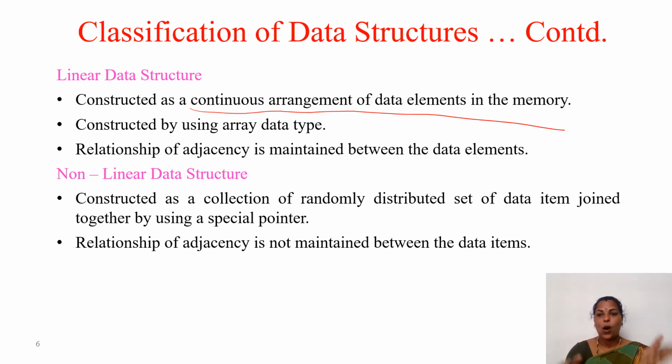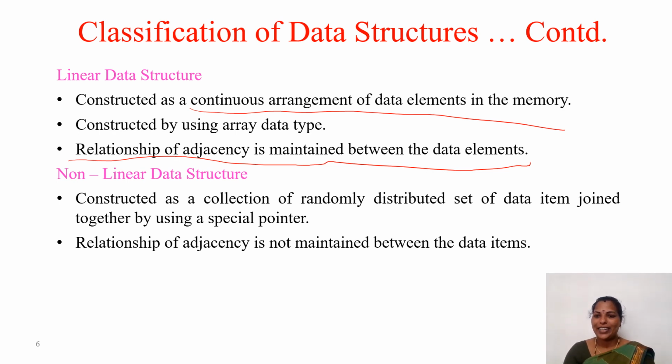So roll numbers are all of the same type: 20101, 20102, 20103, likewise it goes on, up to 20165. So it is a continuous arrangement of data elements in the memory. And here the relationship of adjacency is maintained between the data elements in the linear data structure.